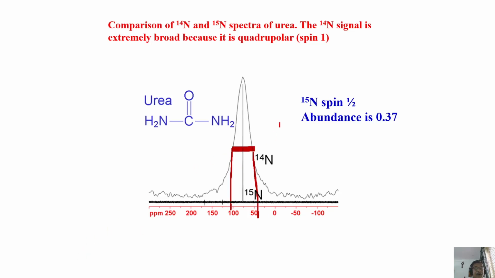N14 is really broad because of the quadrupolar nature of the spin. N14 is spin 1. Whereas the central peak is N15. N15 is a spin-half nucleus. That is why you are getting a sharp peak. Compare N14 spectra with N15 spectra. N14 is many orders of magnitude broader than the N15 spectrum. This happens actually.